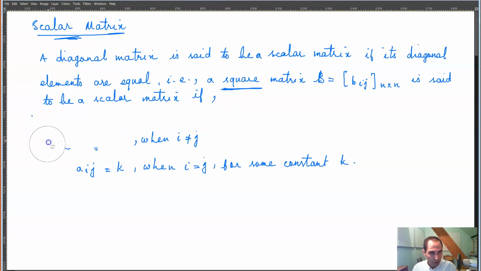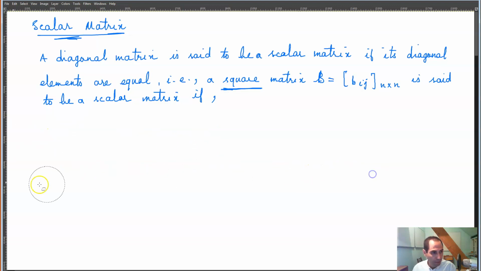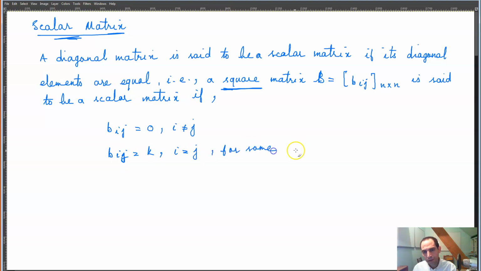And then the conditions are exactly b of ij is equal to 0 whenever i is not equal to j, and b of ij is equal to some k whenever i is equal to j, for some constant k.